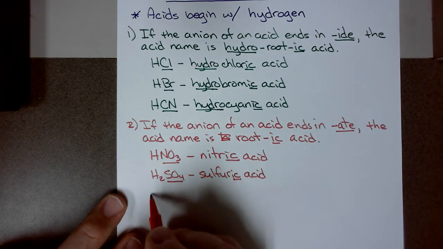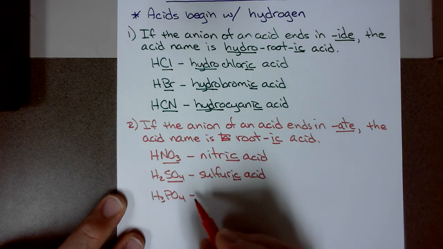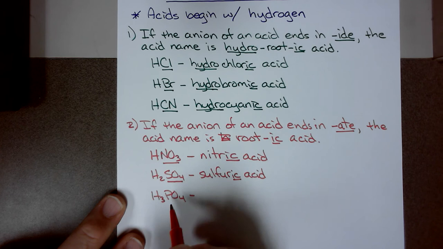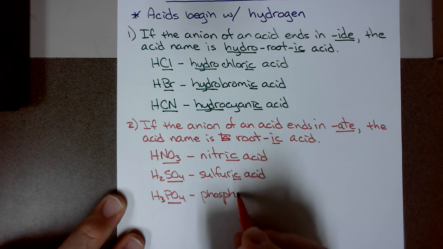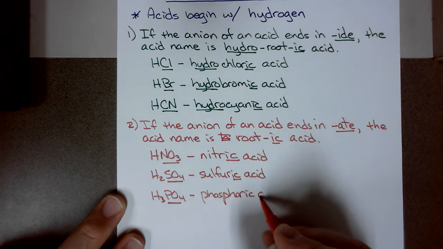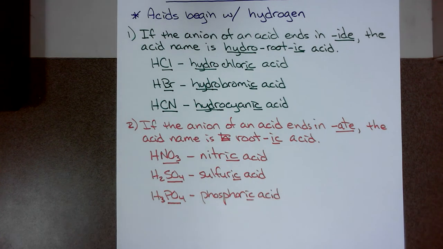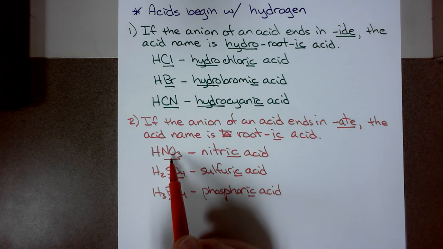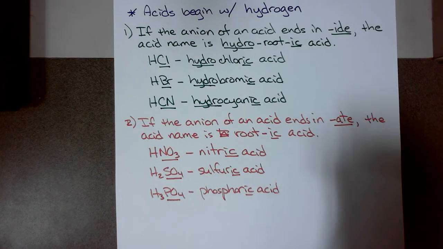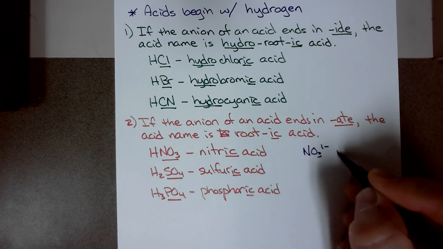A couple more, H3PO4, that's a hydrogen up front, so it's an acid. That's phosphate, so this is phosphoric acid, ate to ic. Now hopefully you've recognized a pattern here. Remember nitrate, and let me write that over here, so nitrate ions, NO3, 1 minus, that's a nitrate.